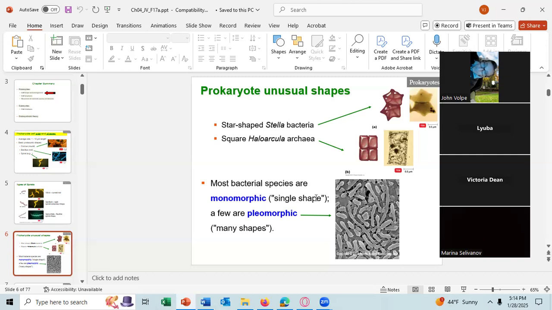So most bacterial species are monomorphic where they have a single shape, but there are a few species which are pleomorphic, which have many shapes. Like this one here, that almost looks like a cocci. That one kind of looks like a rounded rod. That one, what do you call it?